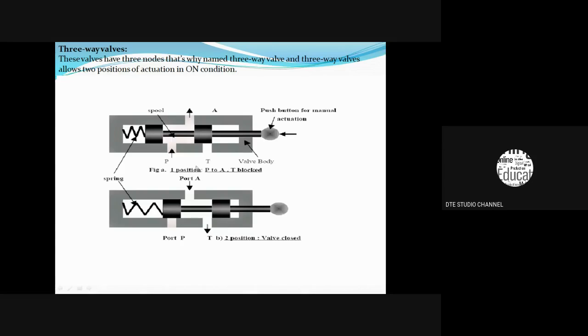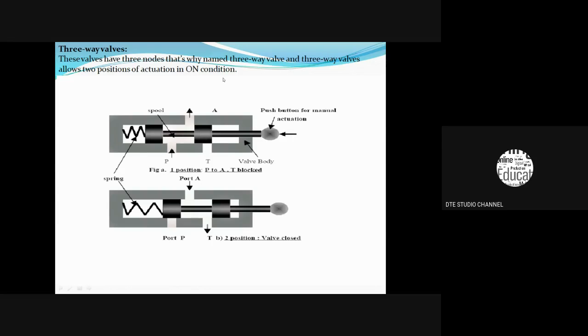The fluid which is present in the actuator flows back from A to T, and flows back to the reservoir through port T. This is the second position. Usually this type of valve is used to actuate a single acting cylinder.